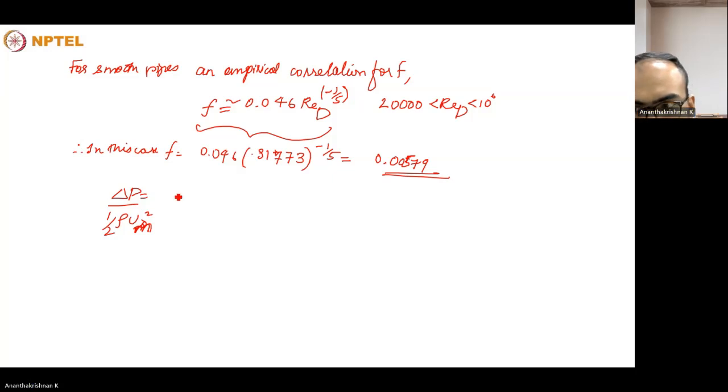No, there is a small correction. This comes from some other equation.